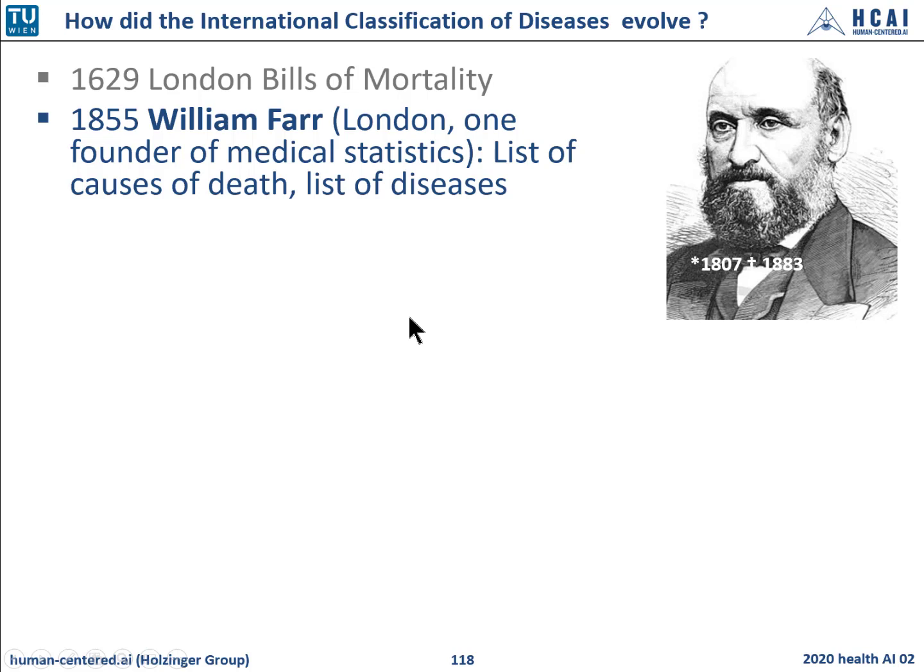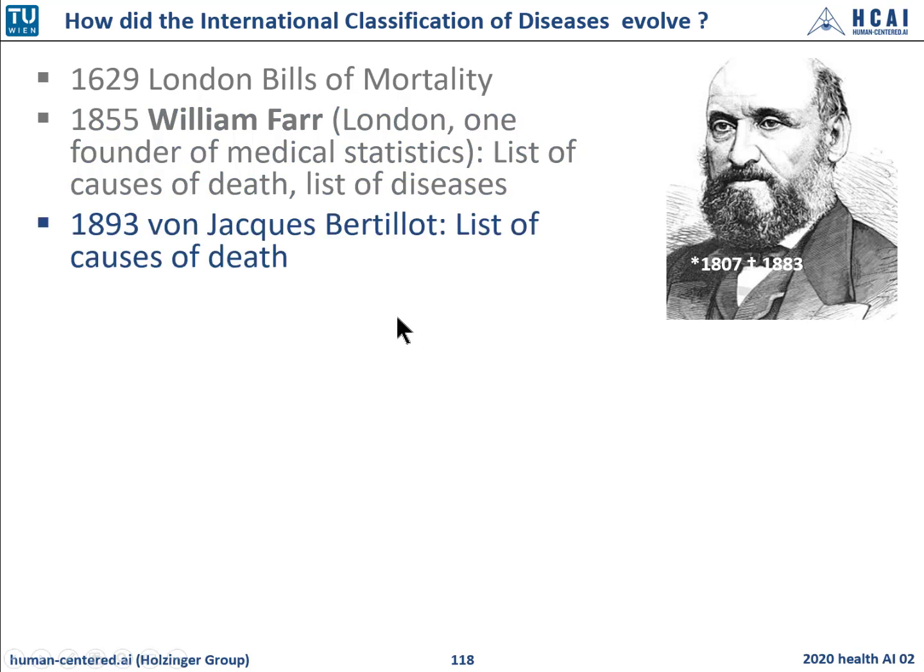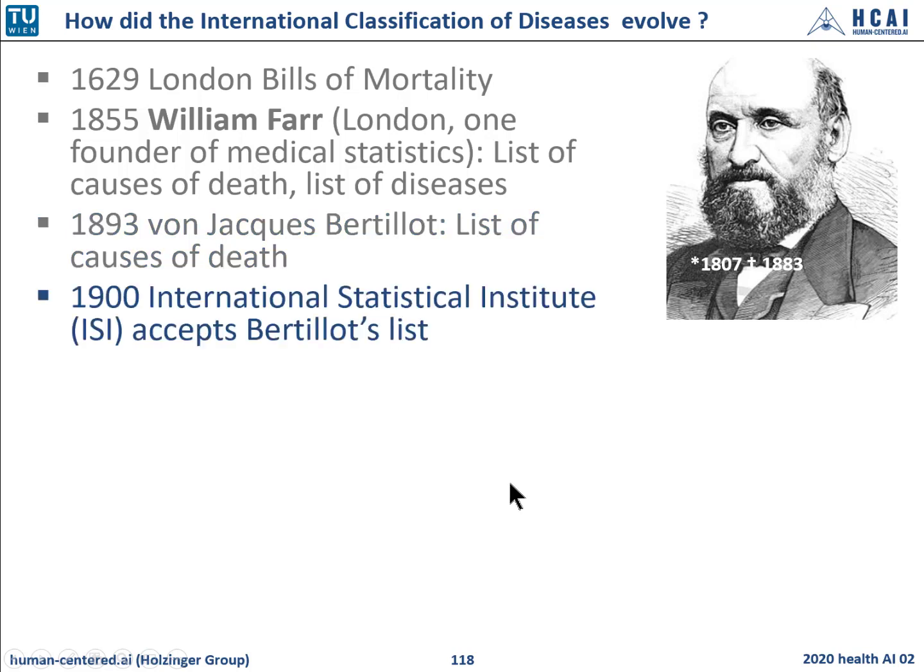developed a list of causes of death and a list of diseases. In 1893, Jacques Berthelot in Paris made a list of causes of death. From this, in 1900, the International Statistical Institute, what we know now as ISI, accepts the Berthelot lists. In 1938, we have already the 5th edition of it.